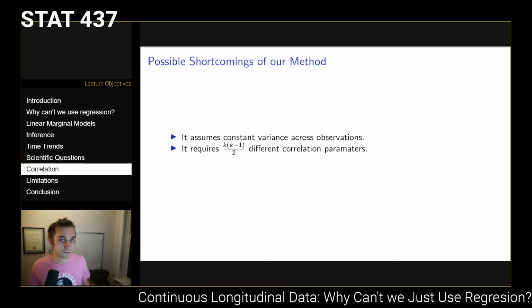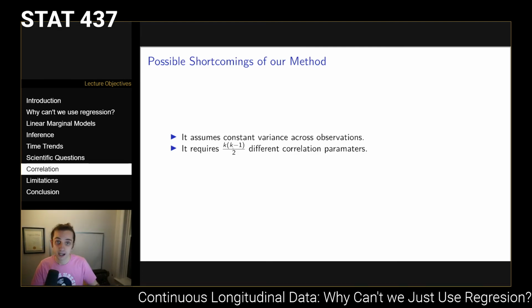There's also a problem that it requires quite a few different correlation parameters. We saw that in that R matrix we were talking about, we need to estimate k times k minus 1 over 2 total correlation parameters. Now, if we're only talking about 4 different data points, then we can take k equals 4, and so we're looking at 4 times 3 over 2, which is 6 correlation parameters.